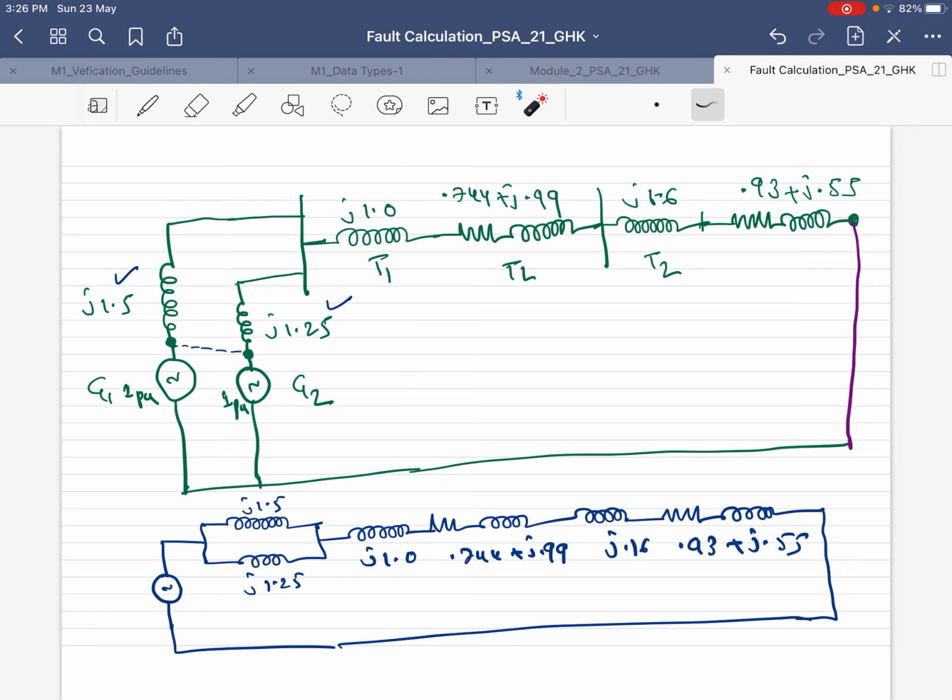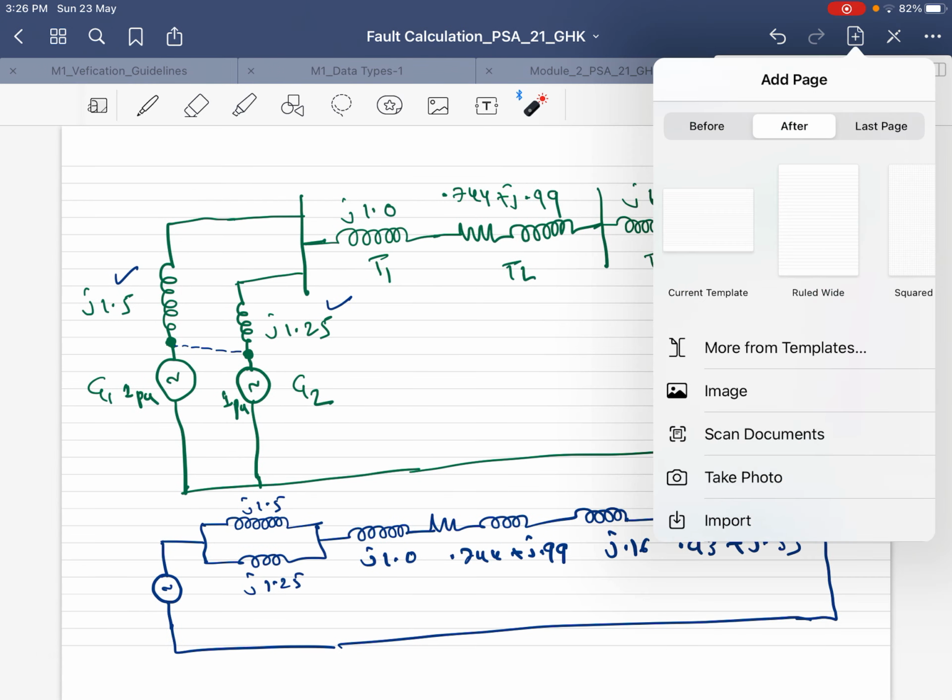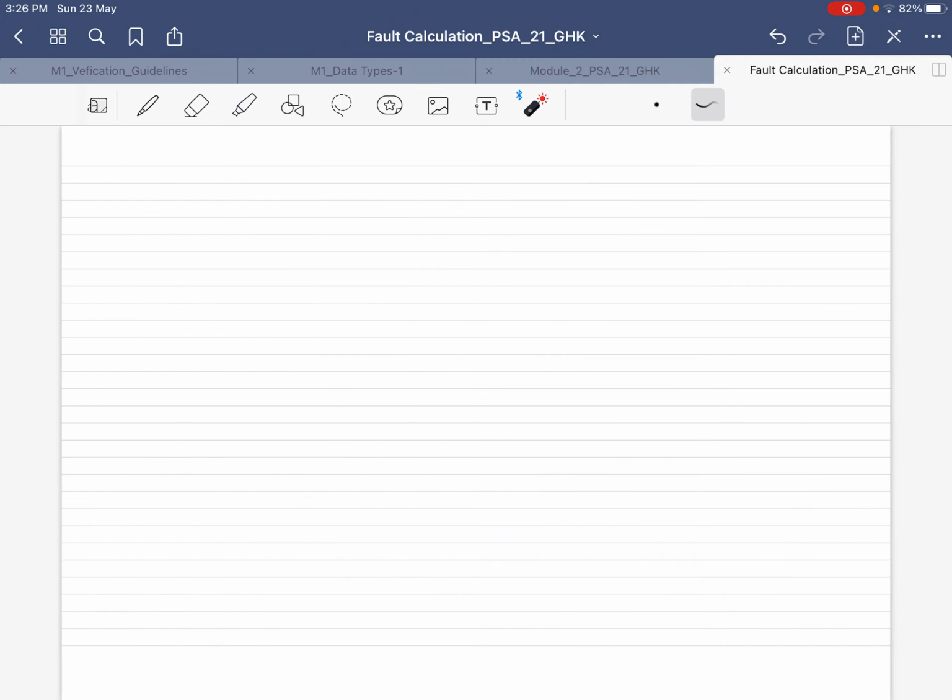Therefore, I am drawing here one more diagram. This is the single resistance and reactance. All the things are added here.